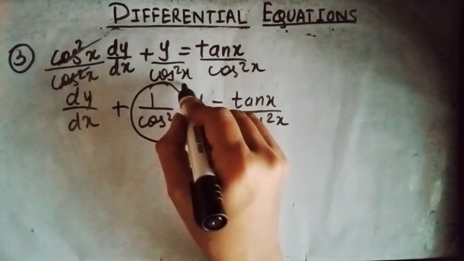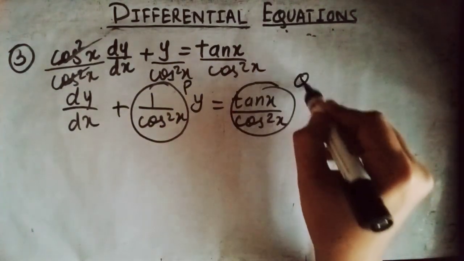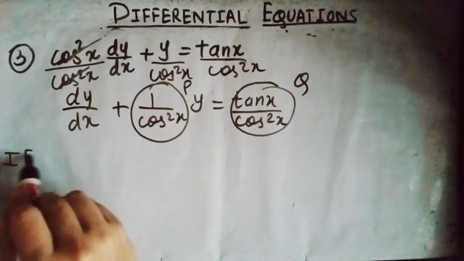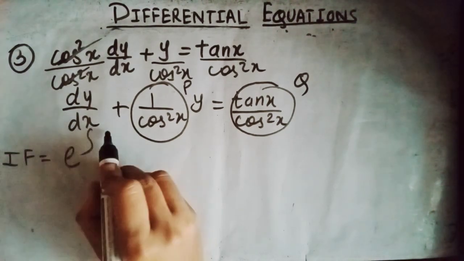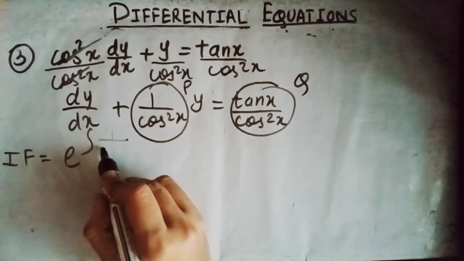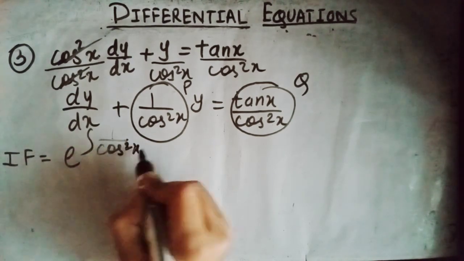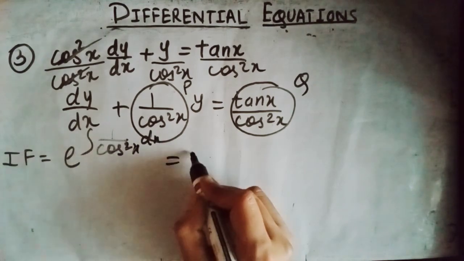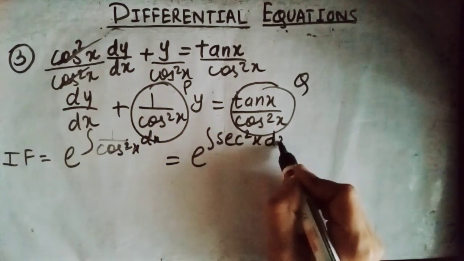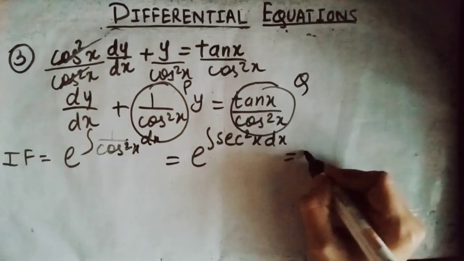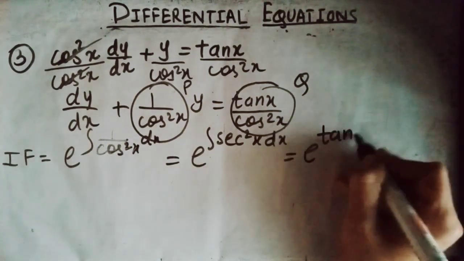So this is our p, this is our q. So integrating factor is e raised to integral 1 upon cos square x dx. 1 upon cos square x is sec square x dx. Integral of sec square x is tan of x.